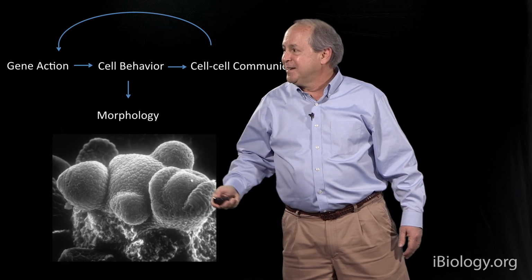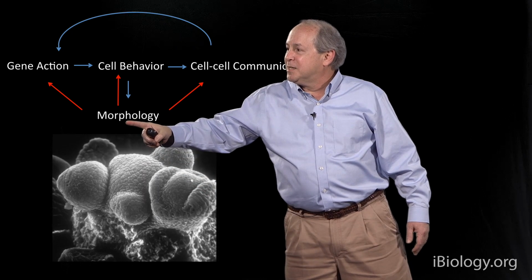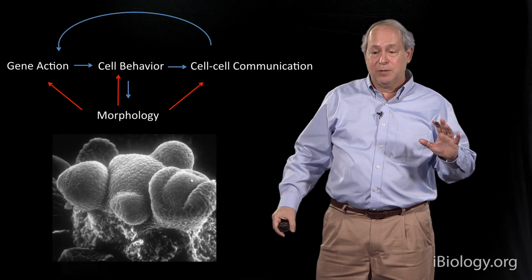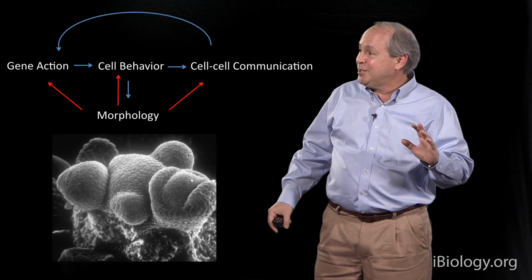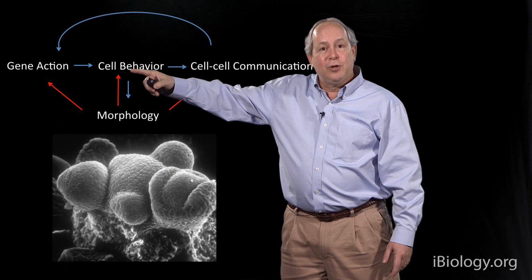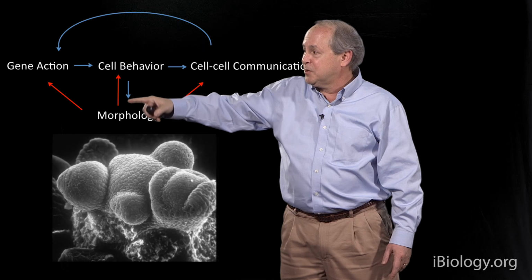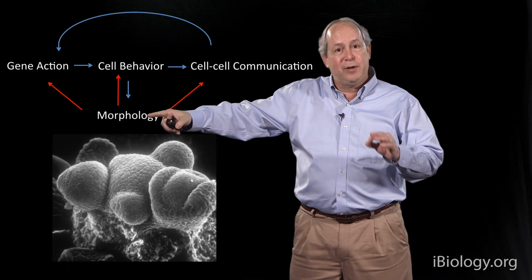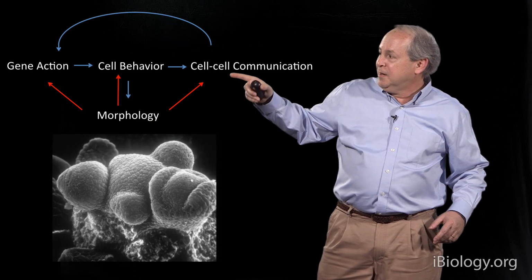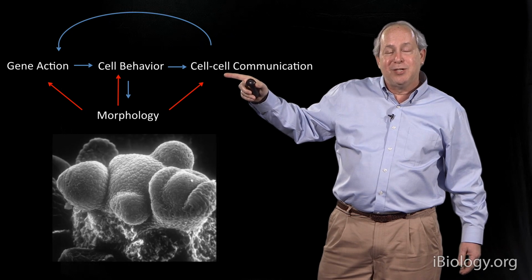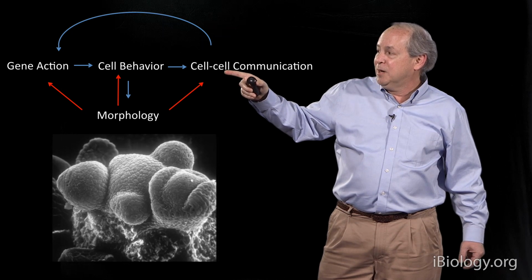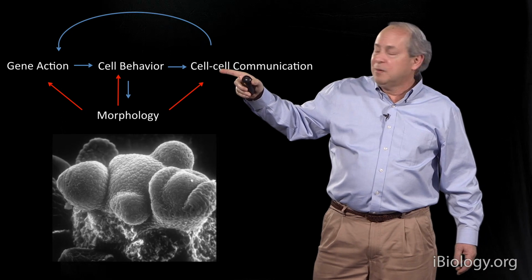We have to add to this that the morphology itself feeds back on gene action because the stresses in the tissue which result from the shape of the tissue regulate auxin transport, which changes gene action, that the morphology of the cells directly affect the cell behavior, as we've shown with the cytoskeletal reorganization in response to stress, and the morphology of the cells, both their shape and the shape of the tissue in which they reside, therefore affects cell-cell communication, both by changing the stress pattern, because it changes the direction of expansion of the cells, and by changing the PIN1 direction in each cell, which therefore changes the way in which they communicate with their neighbors.